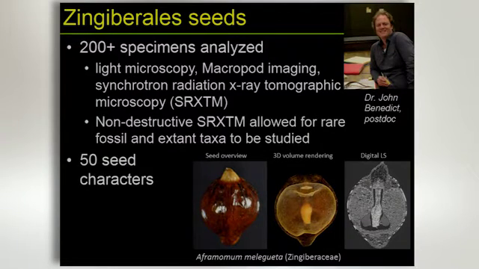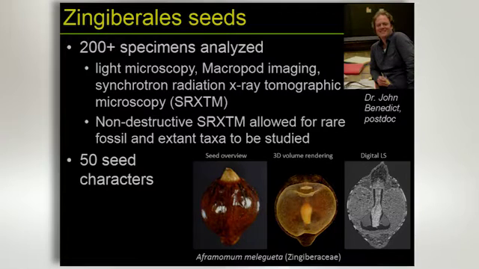And this is largely the work of my postdoc, John Benedict, who's been taking the lead on figuring out the modern seed anatomy. We've looked at over 200 species using light microscopy. I give a plug for the Macropod system that was really helpful in imaging these seeds and helping us see the outside surface of them.